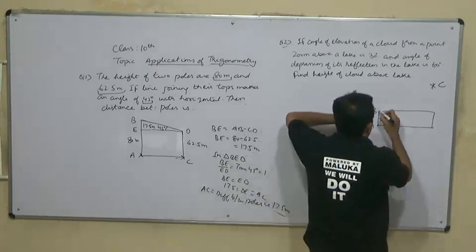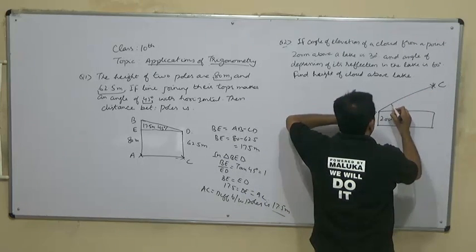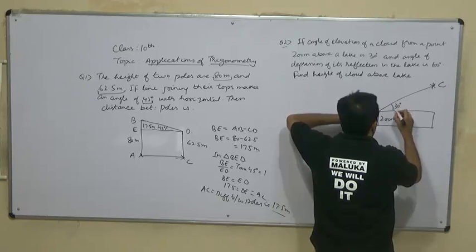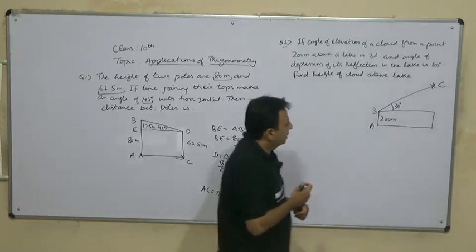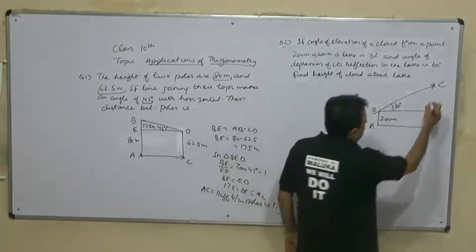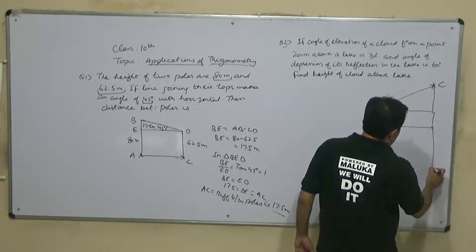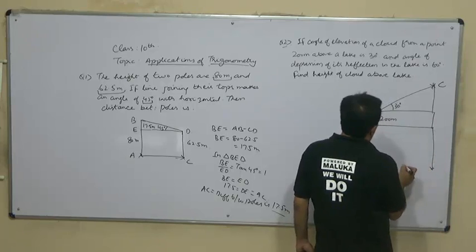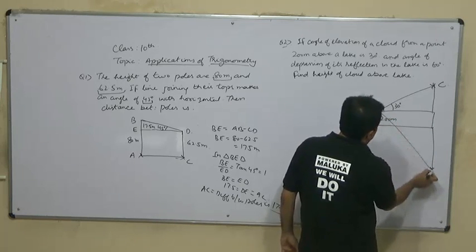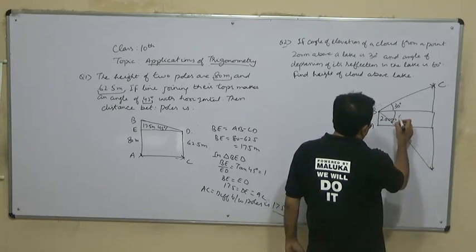The angle of elevation of the cloud is 30 degree, and the angle of depression of the reflection of this cloud in the lake water is 60 degree.